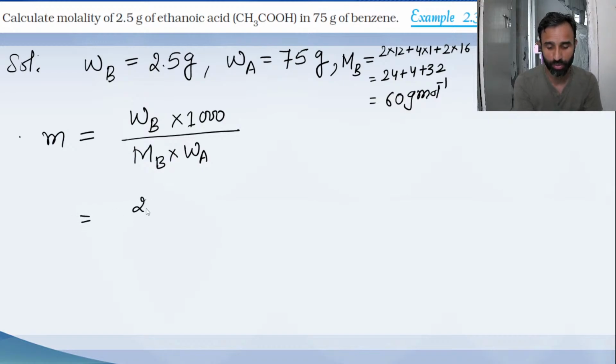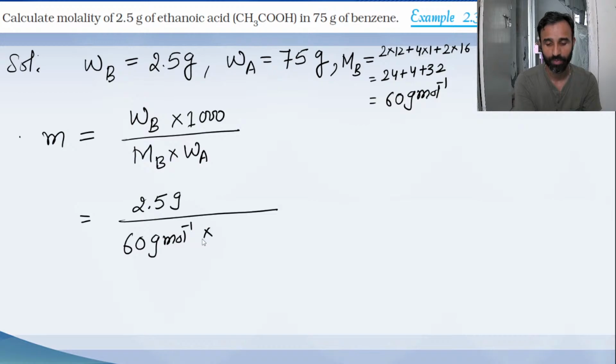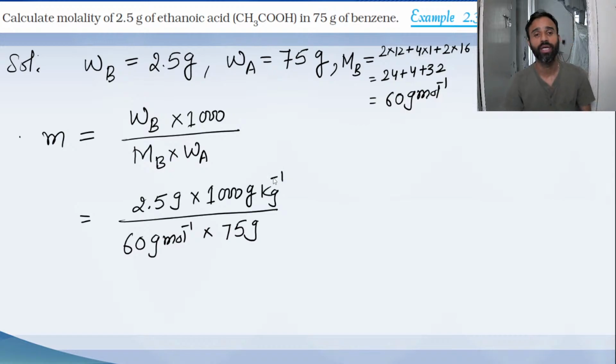So just put the values. 2.5 gram divided by 60 gram per mole into 75 gram into 1000 gram per kg. This 1000 is 1000 gram per kg. So it comes out to be 2.5 into 1000, it becomes 2500 divided by 60 and divided by 75.